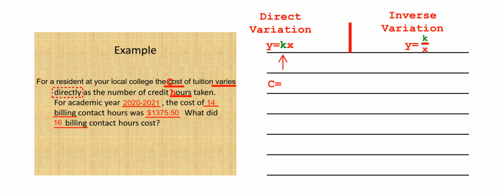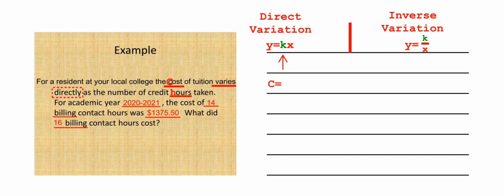Therefore our case states that we're going to use the cost of tuition, so I recommend we use C for cost. It makes it easier to visualize. That's the representative of y in this case. And of course, we have credit hours taken, how many credits you're taking, which would be H for hours, to avoid confusion between the C of the cost and the C of the credits.